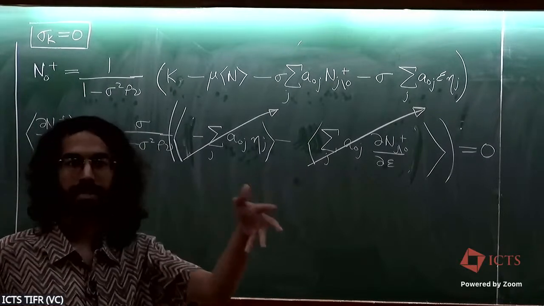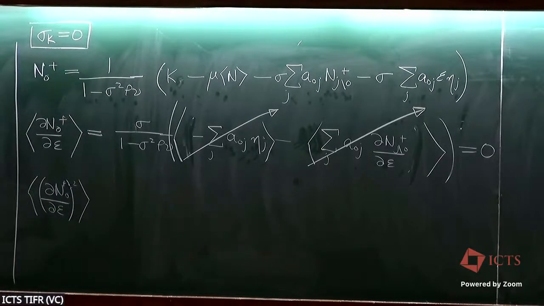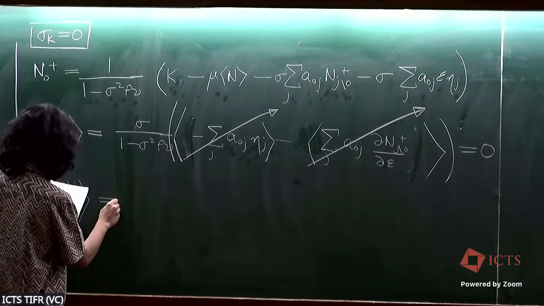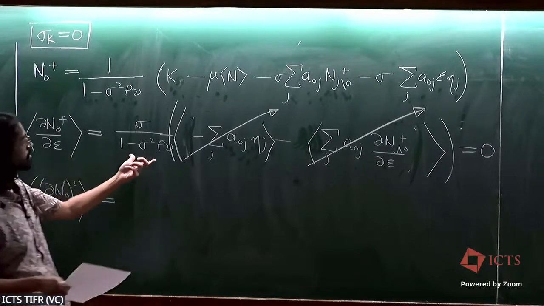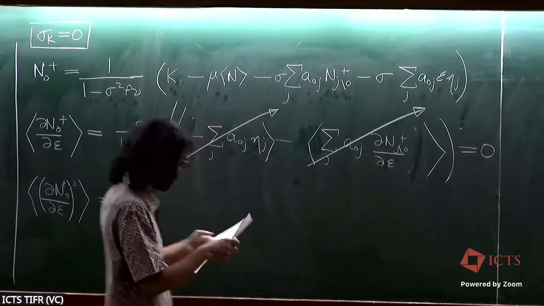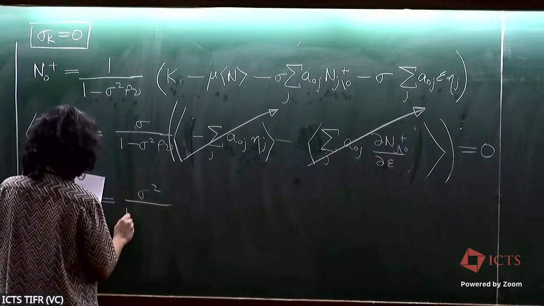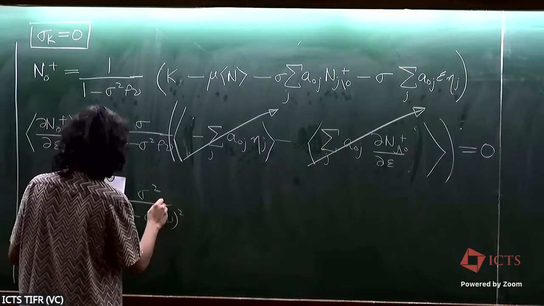And anything that involves what happens to species j, we'll replace with what we know happens to species 0.